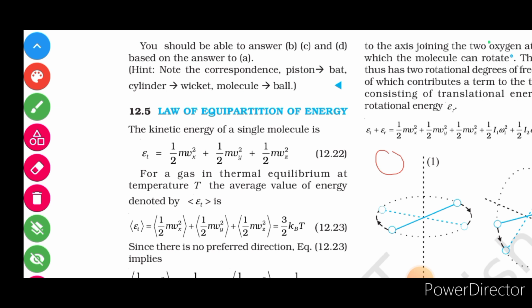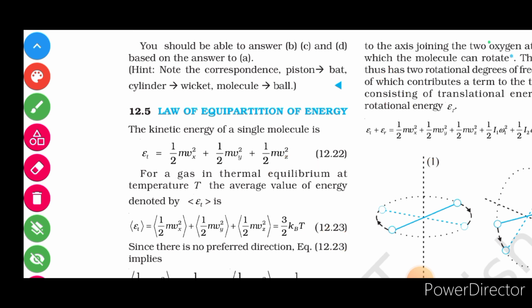We can see clearly that this particle can execute translational motion, that is, the particle can move in a straight line. In how many directions can it move in a straight line? It can move in the x direction, the y direction, and the z direction. So in 3 directions it can execute translational motion, so it will have 3 degrees of freedom.